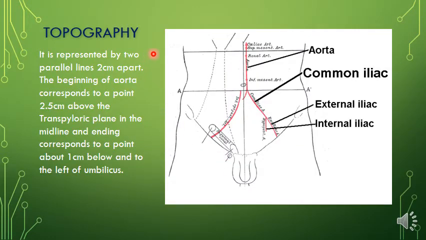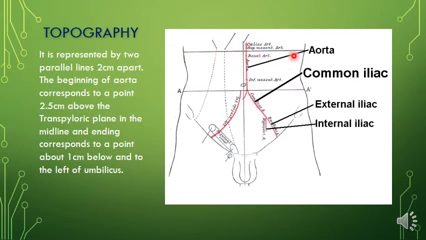Now coming to the topography of the abdominal aorta, this surface anatomy is more important. It is going to be a part of your practical examination, so make sure that you remember the surface anatomy of all the important structures. For the abdominal aorta, the topography is represented by two parallel lines 2 centimeters apart. Here you need to draw parallel lines 2 centimeters apart.